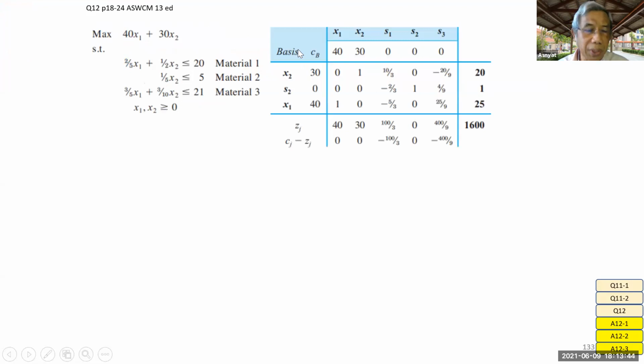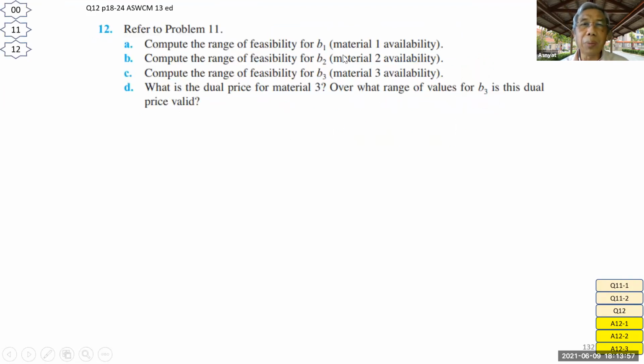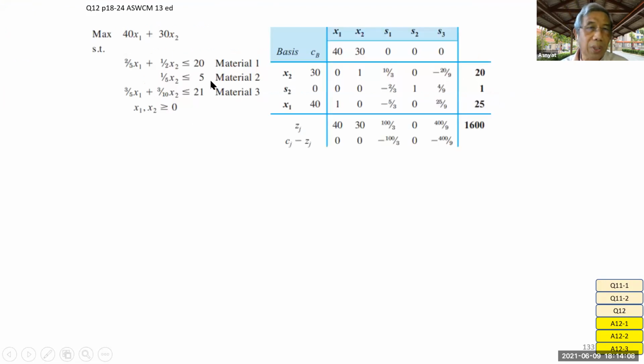You need this information, this information, and also this information. When you say B1, that means material 1, B2 material 2, B3 material 3. Look at this: B1, B2, B3.